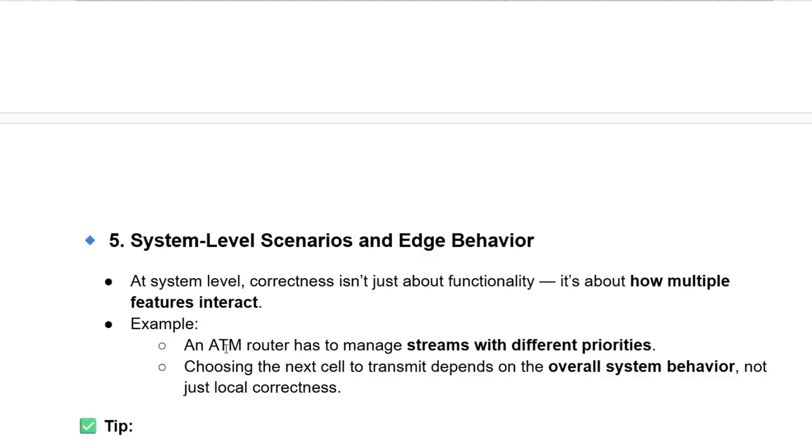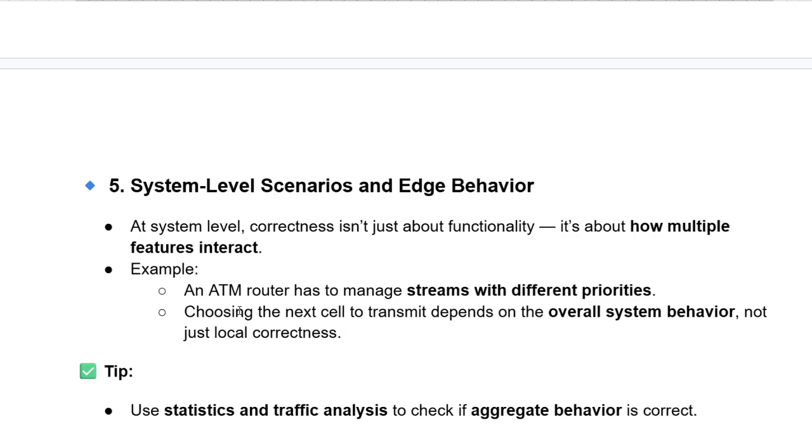For example, an ATM router has to manage streams with different priorities. Choosing the next cell to transmit depends on the overall system behavior, not just local correctness.